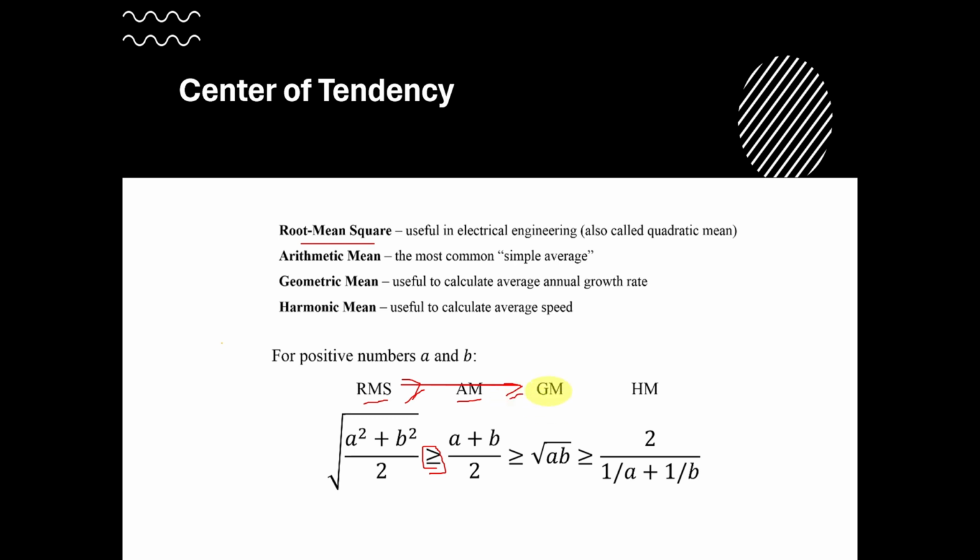Arithmetic mean is greater than or equal to GM, and GM is greater than or equal to HM. The formula for arithmetic mean: add all the values, divide by 2. For geometric mean, multiply the values and take a root. Harmonic mean: 2 divided by 1 over A plus 1 over B.